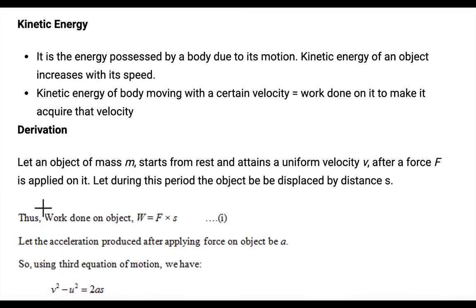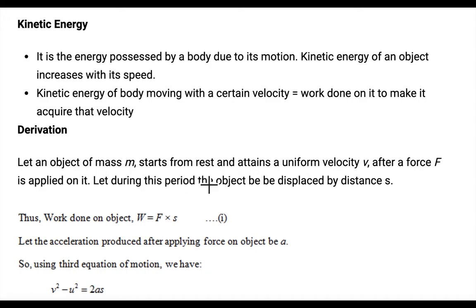Consider an object of mass m that starts from rest and attains a uniform velocity v after a force F is applied on it. We have an object of mass m and it starts from rest.